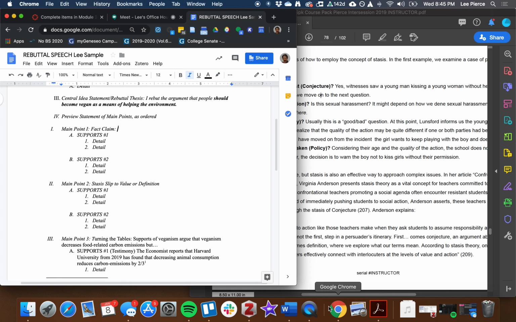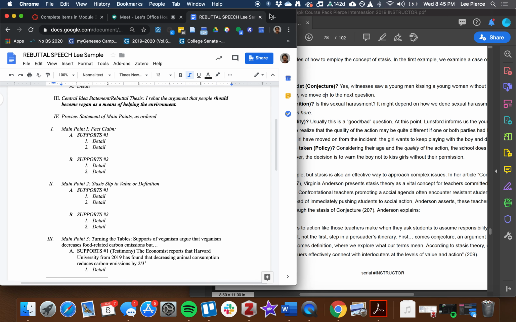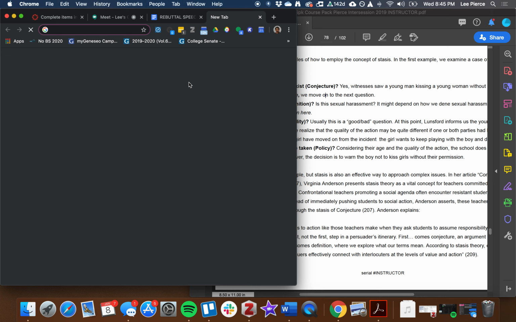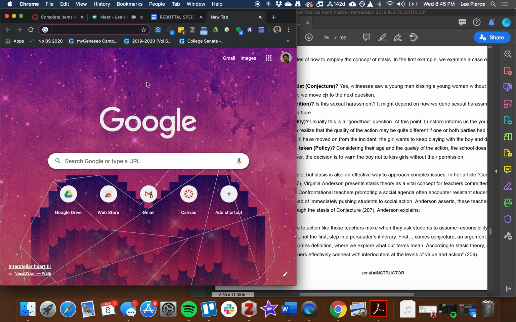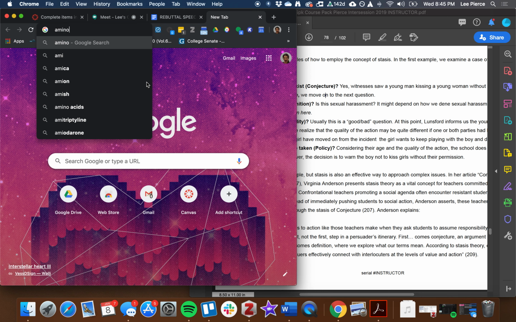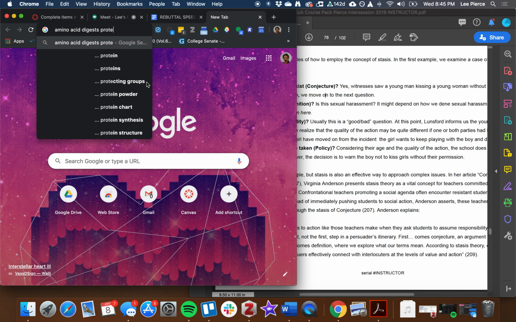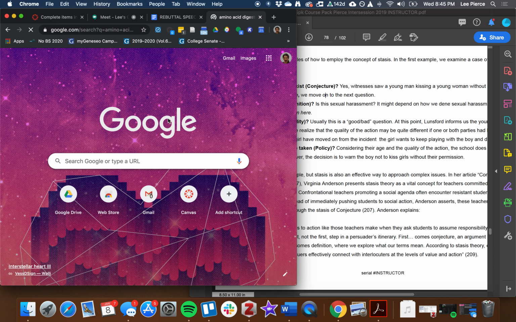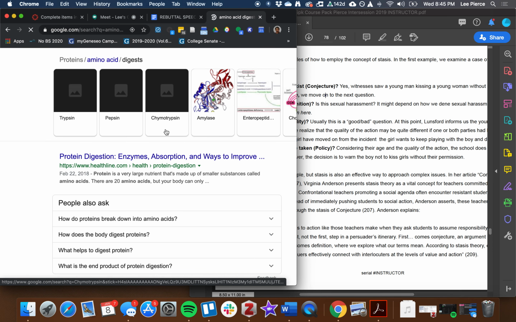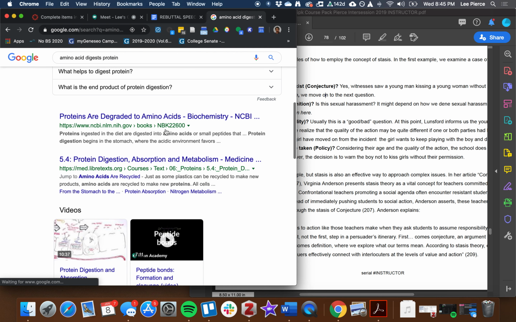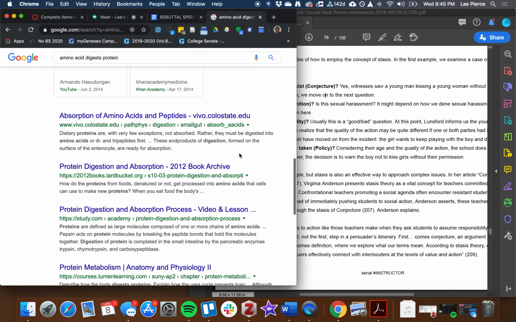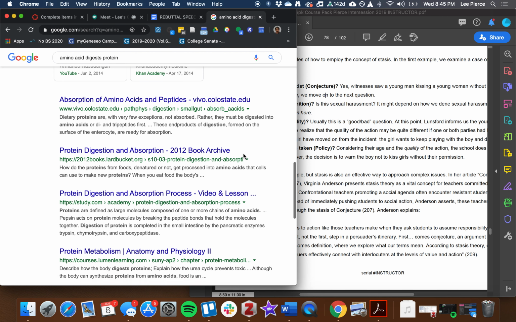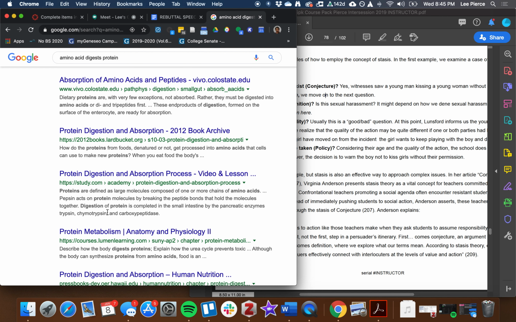So remember, facts are not the same thing as claims of fact. For example, human beings possess the enzymes, pancreatic enzymes, trypsin, okay, whatever.